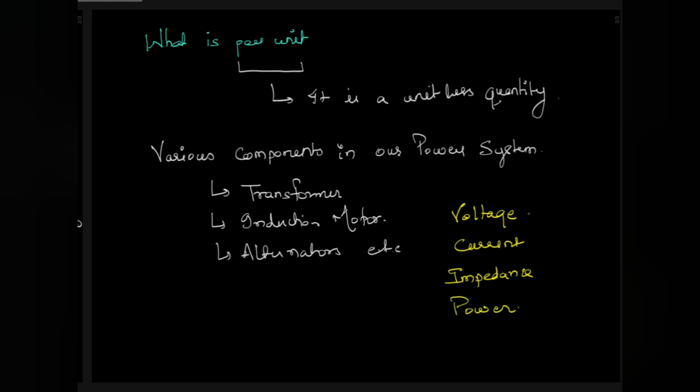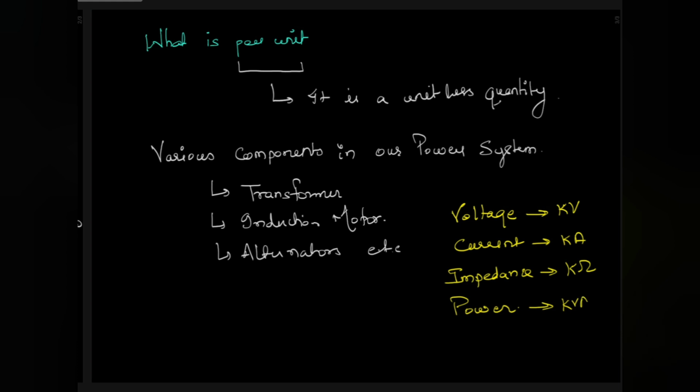And the rating of all these quantities is given in kilovolt for voltage, kiloampere for current, for impedance it will be kilo ohm, and for power it will be kVA or MVA.